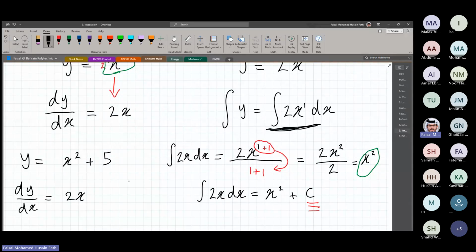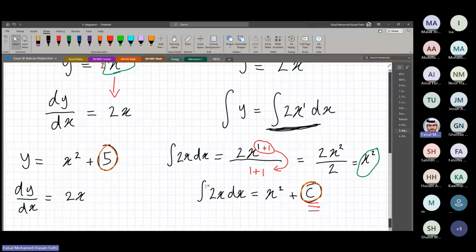So if we want to integrate this 2x, we will get only x squared. This c is representing this 5 over here. So this 5 in this case is represented by this constant. Obviously in this case we do not know what the constant is. All you need to know is that there will always be a constant when you are integrating and you do not have limits, which we will see later on. Okay?